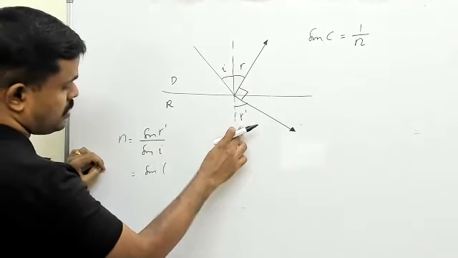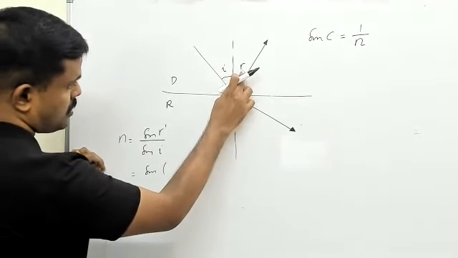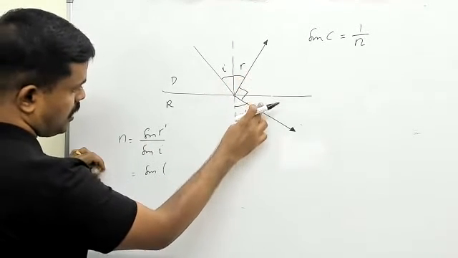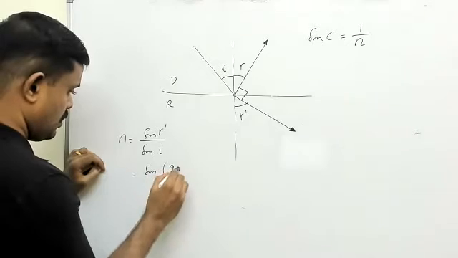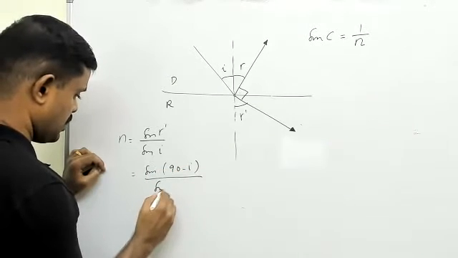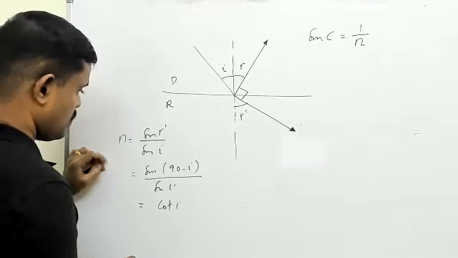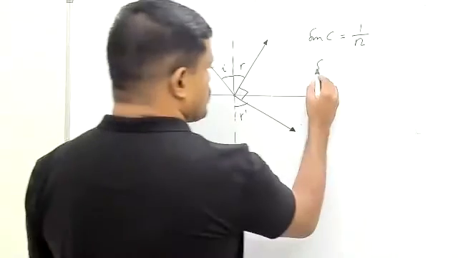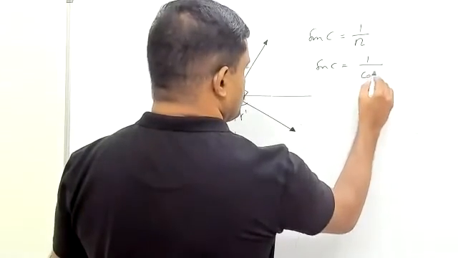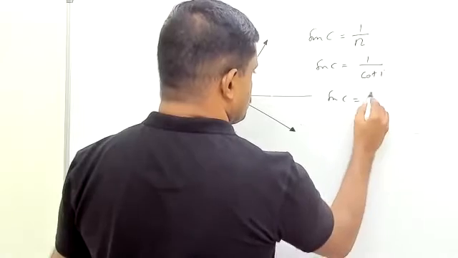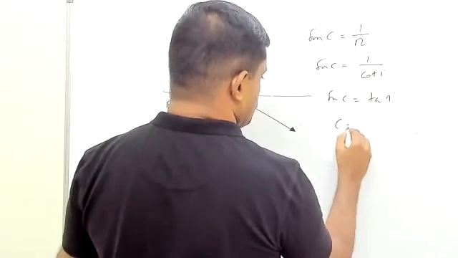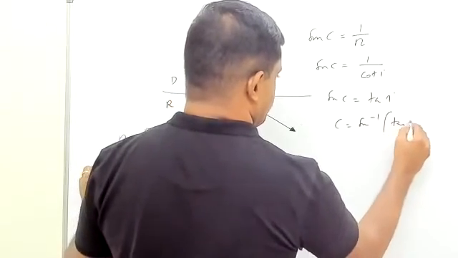R dash is, this is I, this is I, 90 minus I. Sine of 90 minus I divided by sine I, cos I by sine I, cot I. N is equal to cot I. So sine C is equal to 1 by cot I. Sine C is equal to tan I. So C is equal to sine inverse tan I.